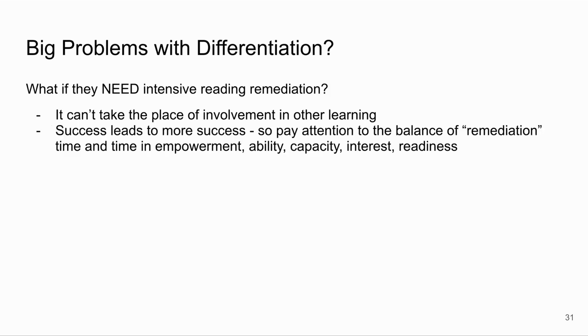If we make lots of opportunities throughout the day when they can do things that they love and experience success and use some assistive technology to help them with their reading, those experiences of success will lead them towards more success, will build their sense of self-efficacy, their confidence. It will give them more energy. It will help their brain work better. All of those positive emotions will make their executive functions work better. They'll be able to pay attention better. Their working memory will work better.